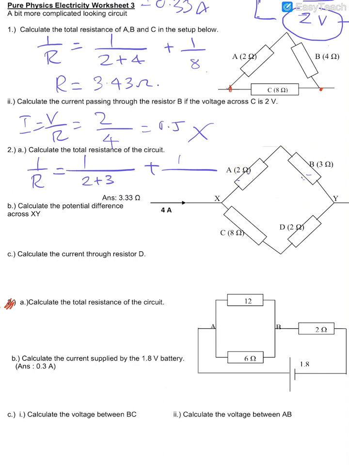So A and B are parallel to C and D. So I'll put that 1/what plus what? They are series to each other, right? So what do you do when they are series? Just add them out, right? Then you do it like that, you can get 3.33 ohms.